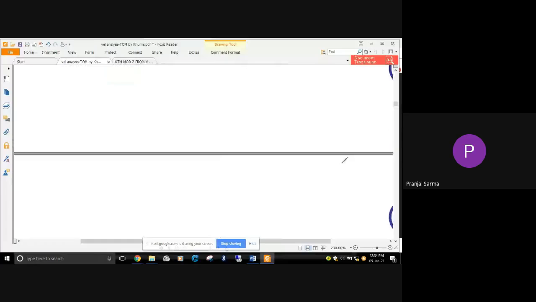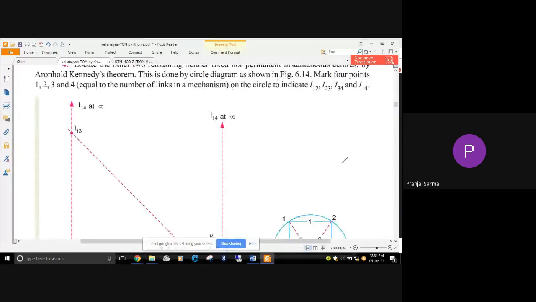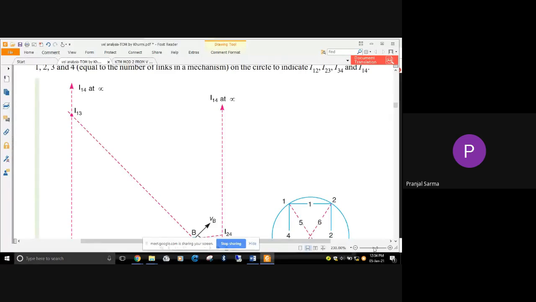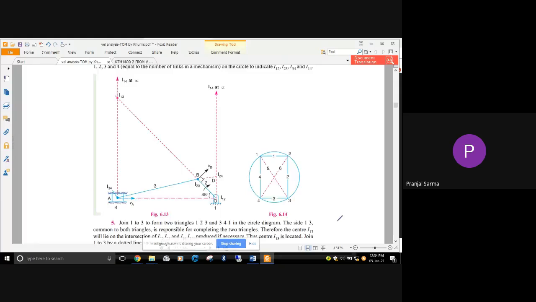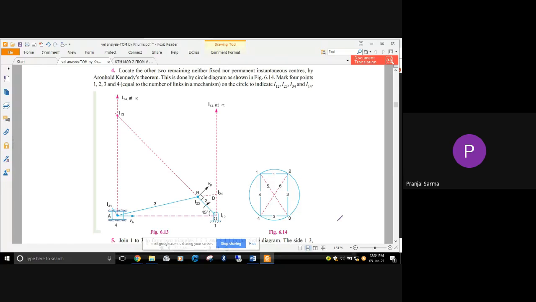For locating, we are going to go for the configuration diagram, and the configuration diagram of the slider crank mechanism we already have. This is the case, and we are going to give the link numbers.